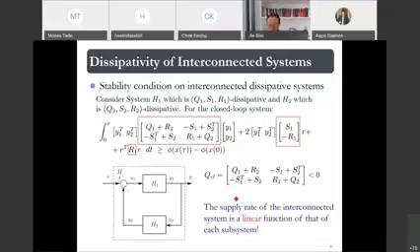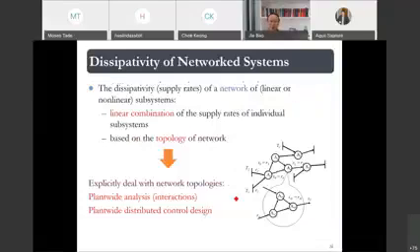Okay, so that's one of the reasons why we're interested in the dissipativity condition, because we can extend the stability condition for two interconnected systems into a network system. So in that case, we can have a very large network system.